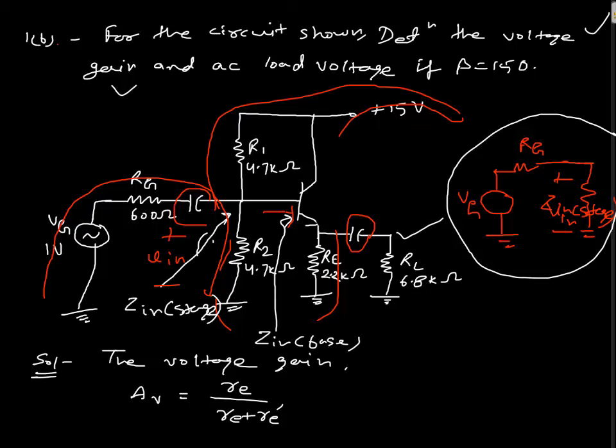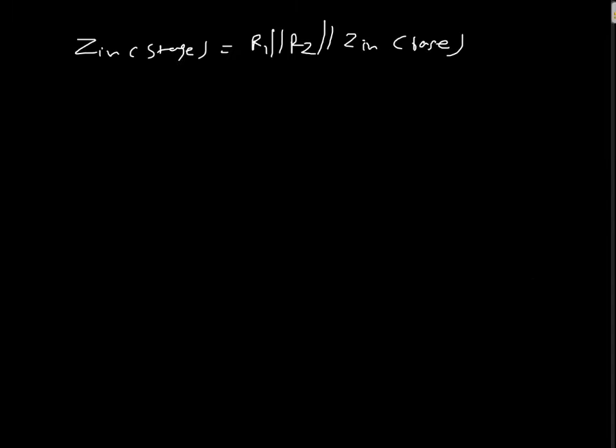Now again we need to find out the value of Z in base. So the formula for Z in base equals beta times Re plus Re prime.